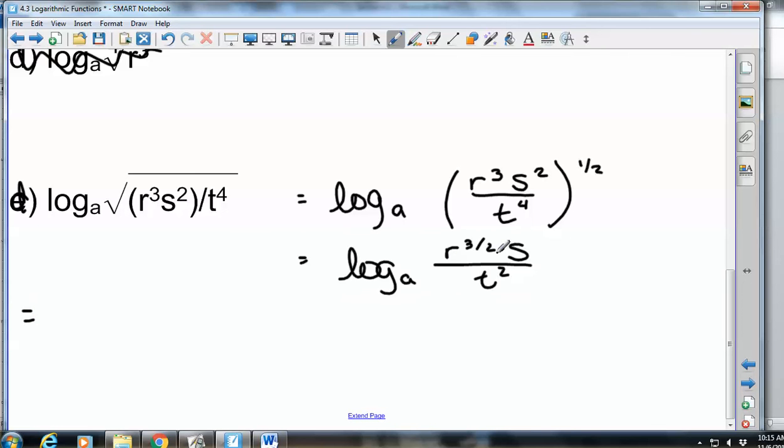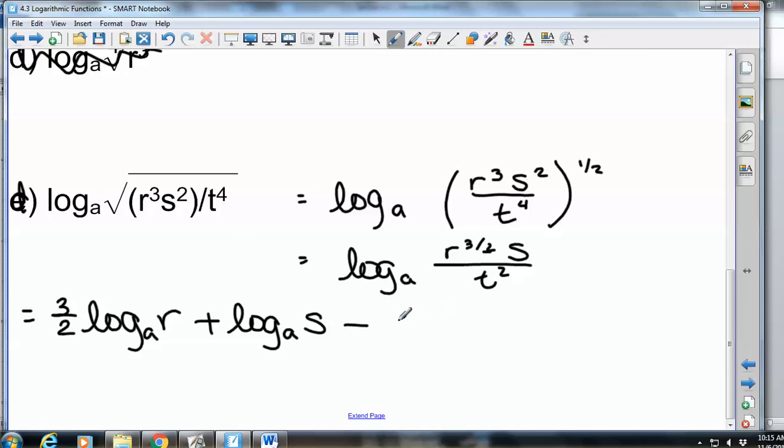Now if I tell you to break this apart, let's start on the top. The r and the s are multiplied together, so what are you going to do with their logs? Add them. The 3/2 would go down in front, so it's 3/2 times log base a of r plus log base a of s, minus, this is a t squared, so the 2 would come down, log base a of t.